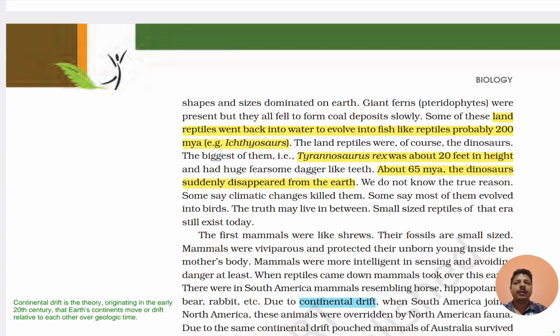Then dinosaurs, the biggest of them, Tyrannosaurus rex, was about 20 feet in height and had huge fearsome dagger-like teeth. About 65 million years ago, the dinosaurs suddenly disappeared from the earth. We do not know the true reason. Some say climatic change, some say they evolved into birds.